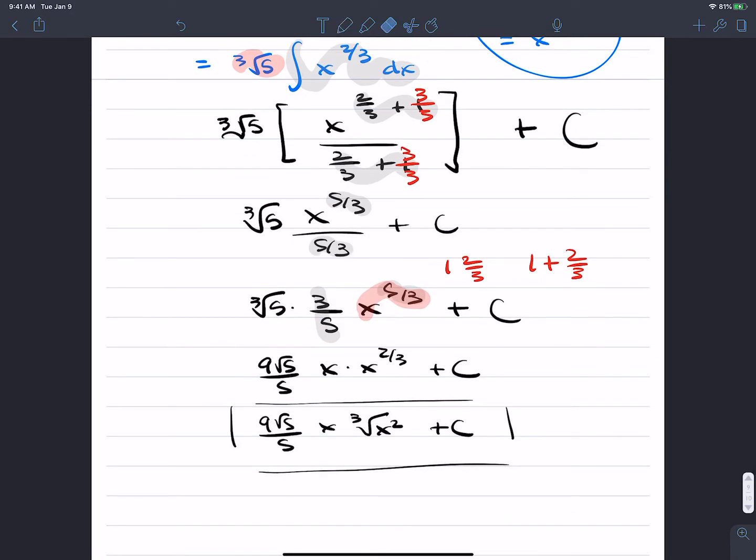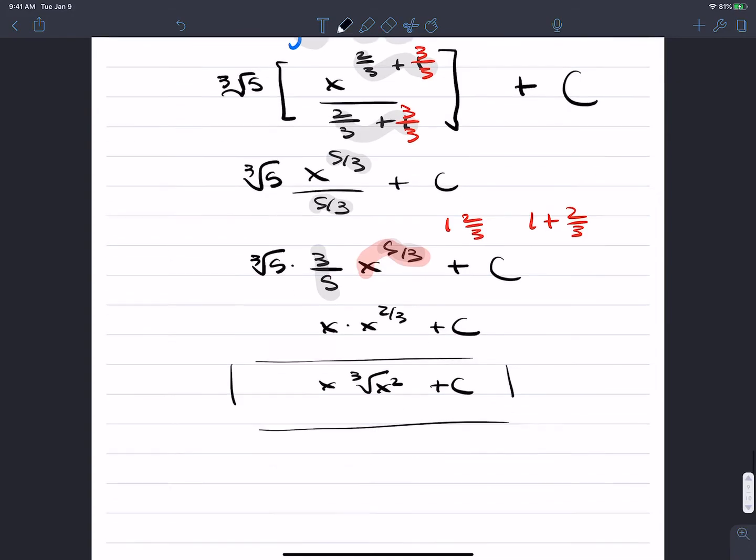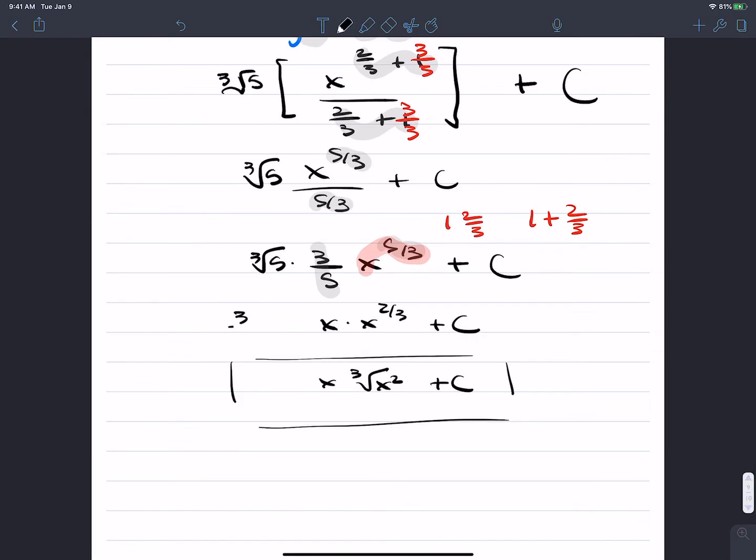Okay. Let's go back now. Let's change this. Here we go. 3/5 cube root of what? 5. Plus that. So you can write this as 3 cube root of 5 over 5 plus your, don't forget there's an x there.